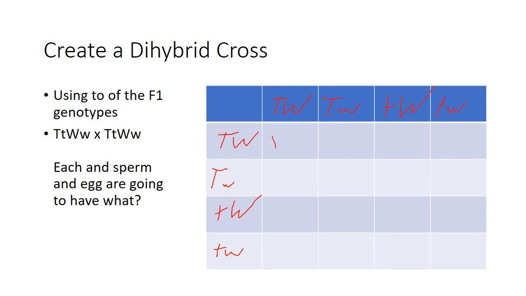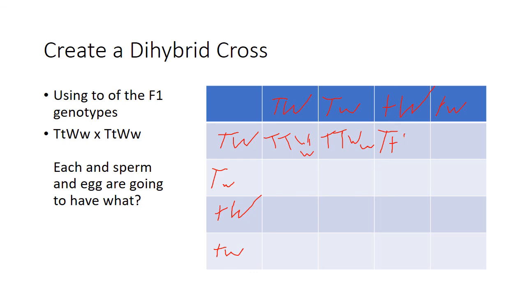So if we were to draw this out, we'd get big T, little t, big W, little w. And we would just do the cross like we normally would.